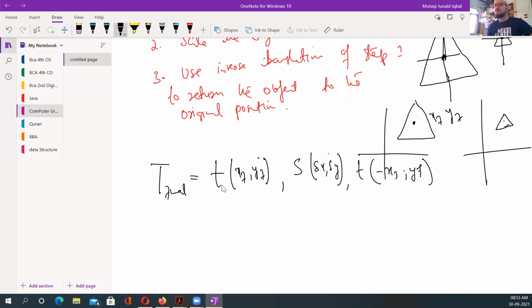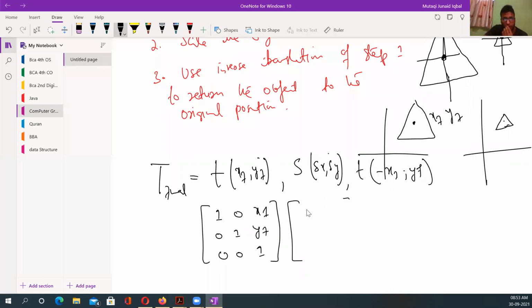So what is the matrix of this translation? What is the matrix of translation? Identity matrix: 1 0 xf, 0 1 yf, then 0 0 1. This is my homogeneous matrix. Then we have this thing: delta x, 0, 0, delta y. This is the matrix of what?